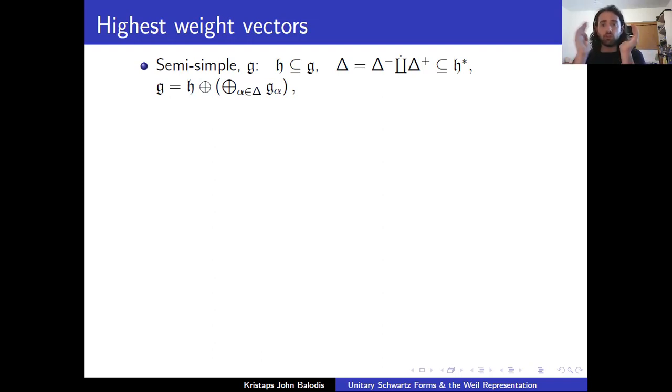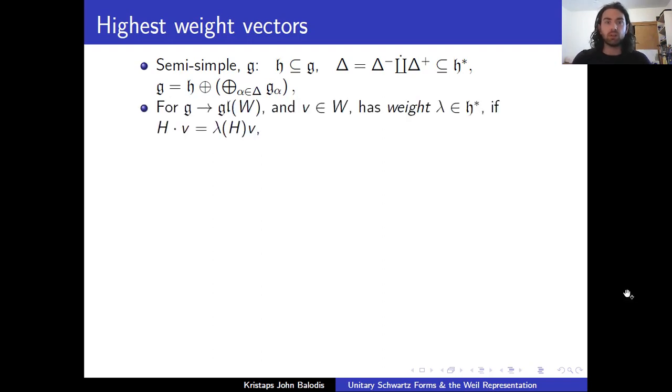We have these root spaces on one hand, and if we sum those up with our Cartan subalgebra, it gives us a specific decomposition of our Lie algebra into these spaces. But this all seems very weird and abstract. Why would anyone care? This is where the highest weight theory comes in.